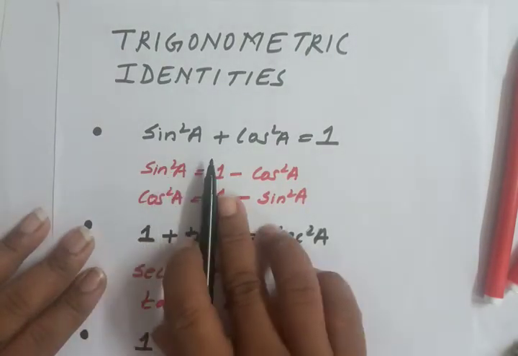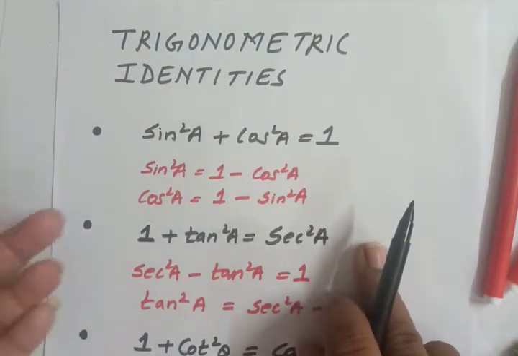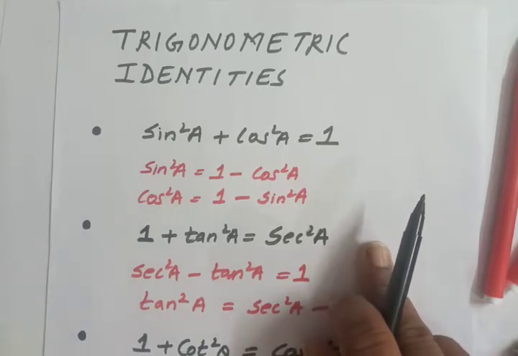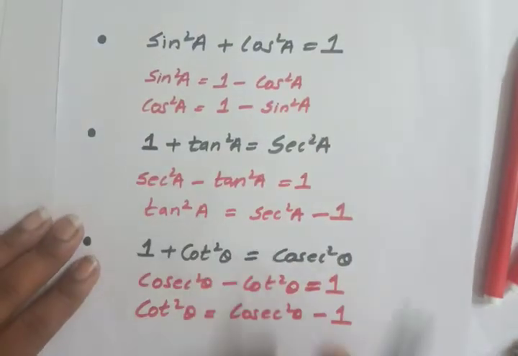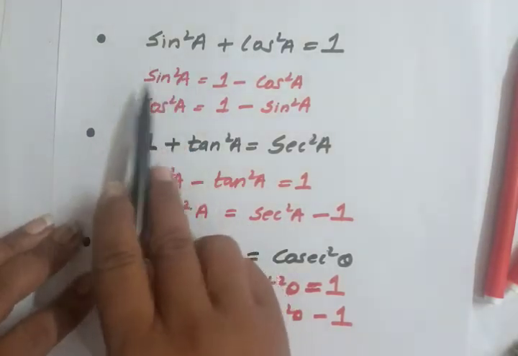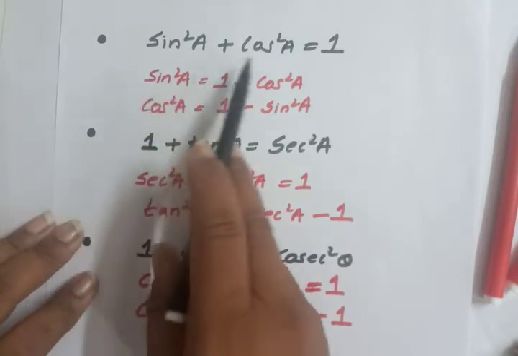The first one is sine square theta plus cos square theta is equal to 1, or you can say sine square a plus cos square a is equal to 1. Here a represents only an angle. Then 1 plus tan square a is equal to sec square a, and 1 plus cot square theta is equal to cosec square theta. These are what I have written with the red color pen.